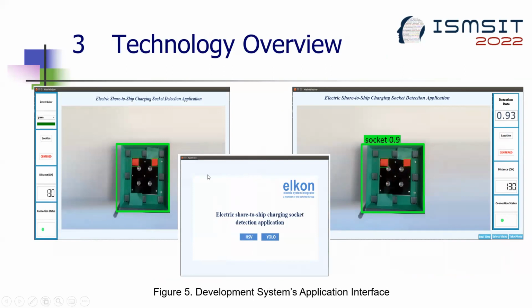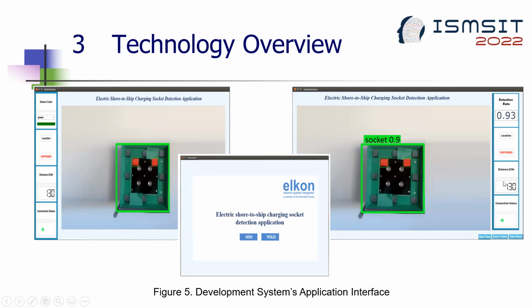First of all, we log in on this panel and we select HSV or YOLO to detect the charging socket, the female charging socket. After that, if we select the HSV method, we can see this panel, and if we select YOLO, we can see this panel with the accuracy rate.